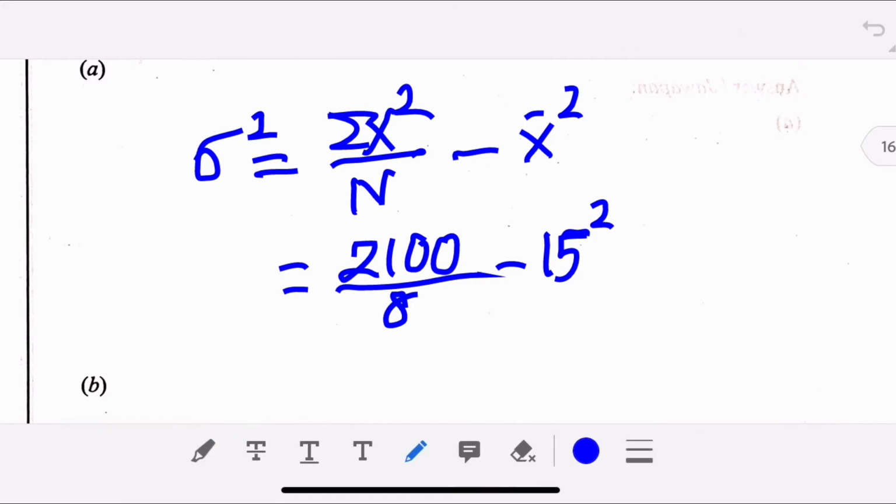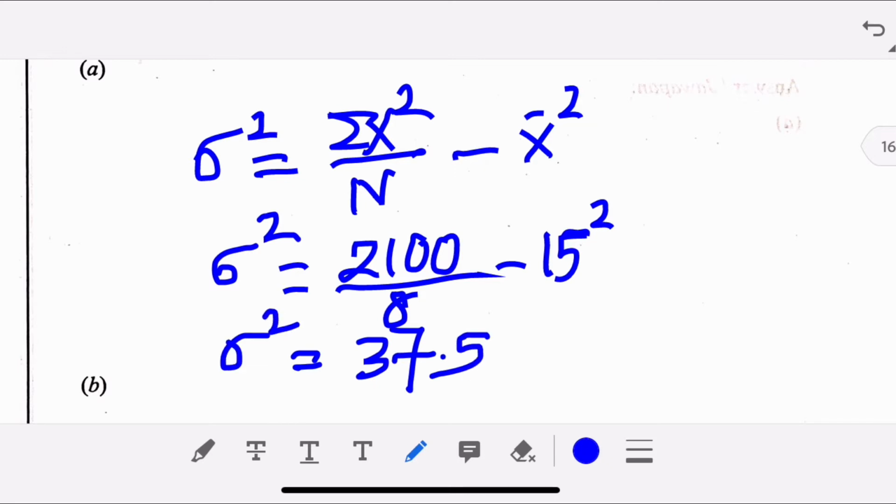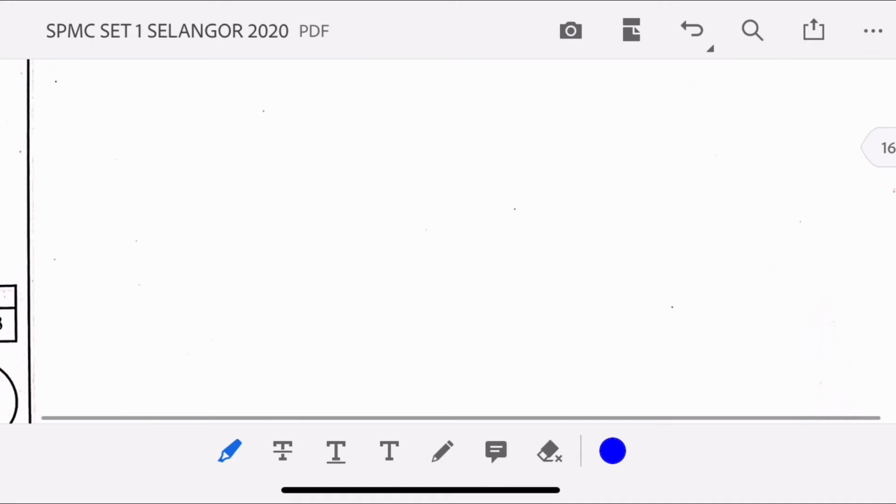So the variance for the data is equivalent to 2100 divided by 8 minus 15 squared. So the answer is 37.5, right? Okay, so we have solved the variance.